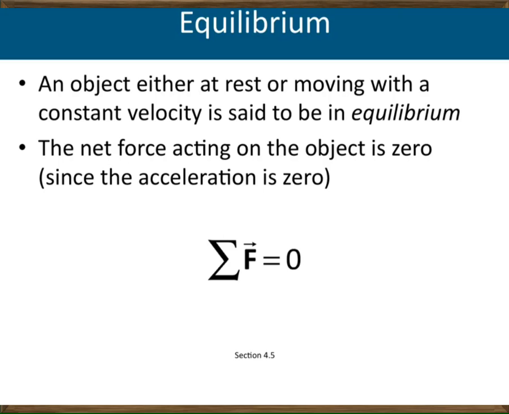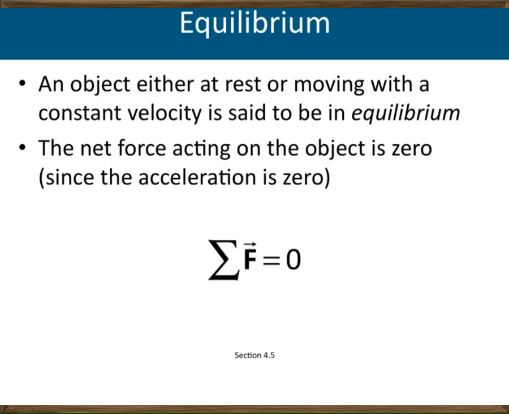for equilibrium, the object need not stay at rest. The object may move at a constant velocity, because constant velocity means 0 acceleration, right? The object has 0 acceleration, but it's moving with a constant velocity. If it has 0 acceleration, then all the forces on the object must be equal to 0, because force is equal to m times a.